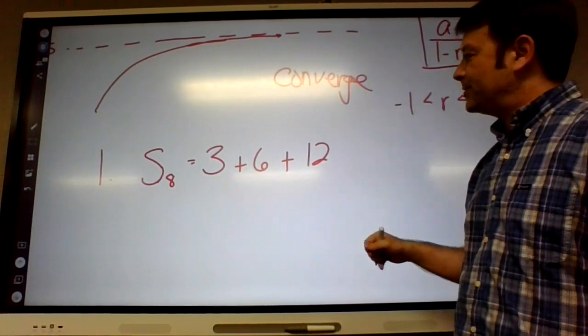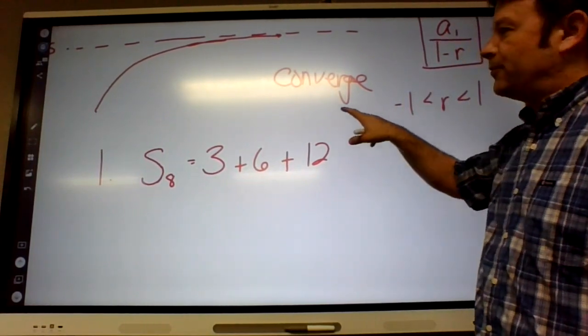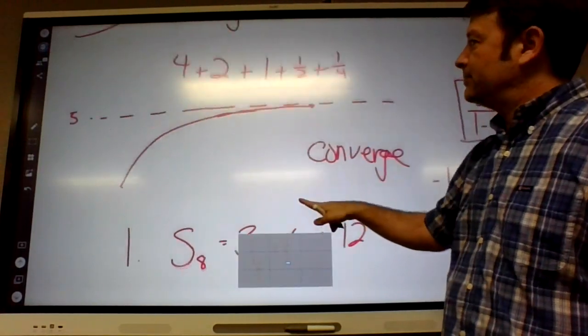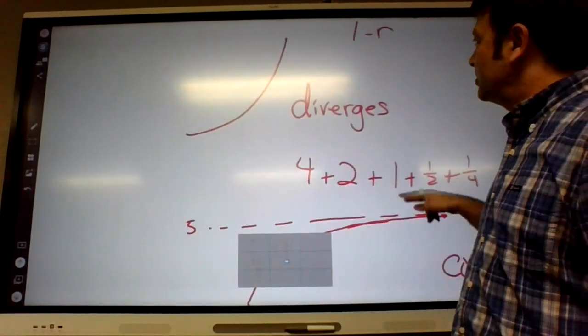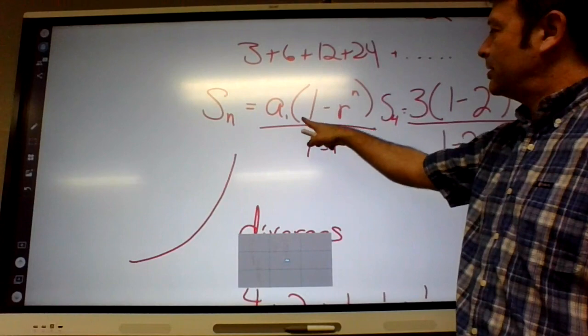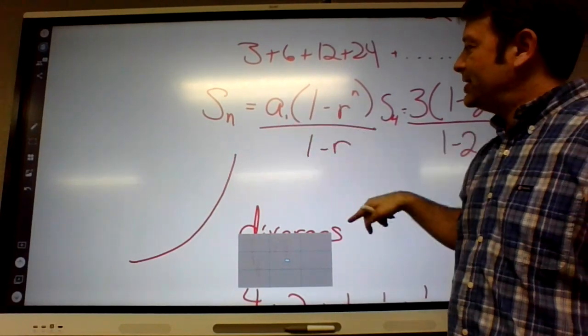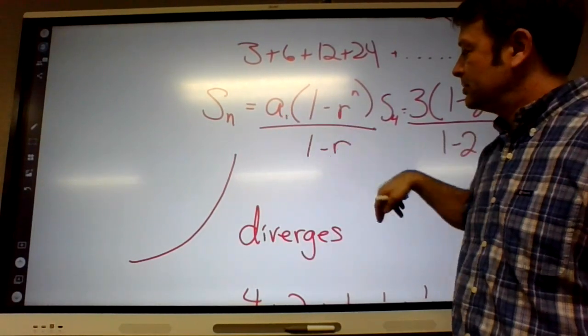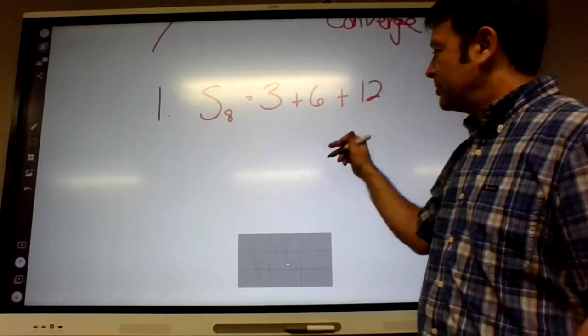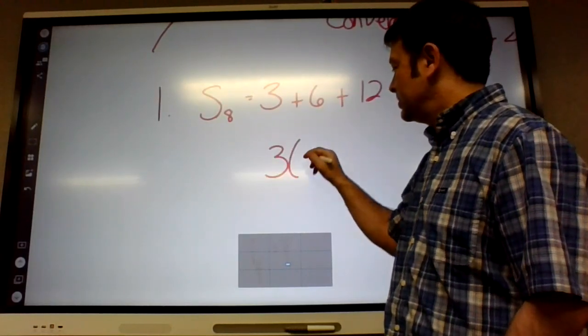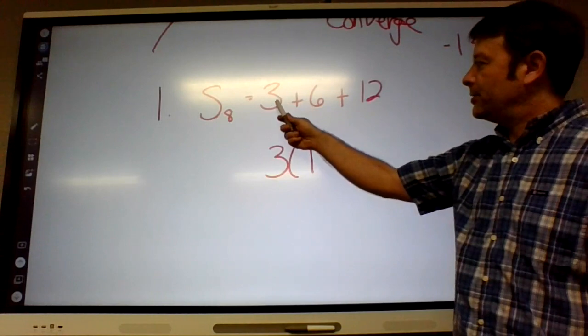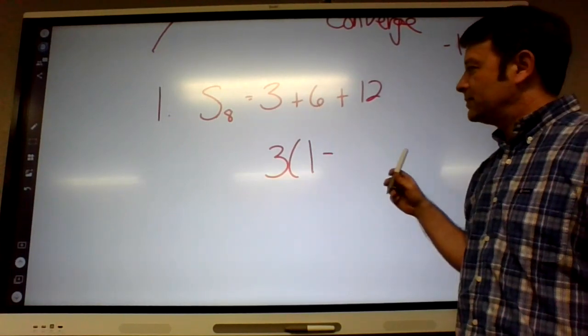Alright, so we want to add the first 8 terms together. So the little formula, it's over there. I'm not going to scroll up every time, but it's also right here. So what does a sub 1 stand for? The first term. So the first term is 3. Okay, what is the pattern on this? How do I get from 3 to 6 to 12? Times 2.